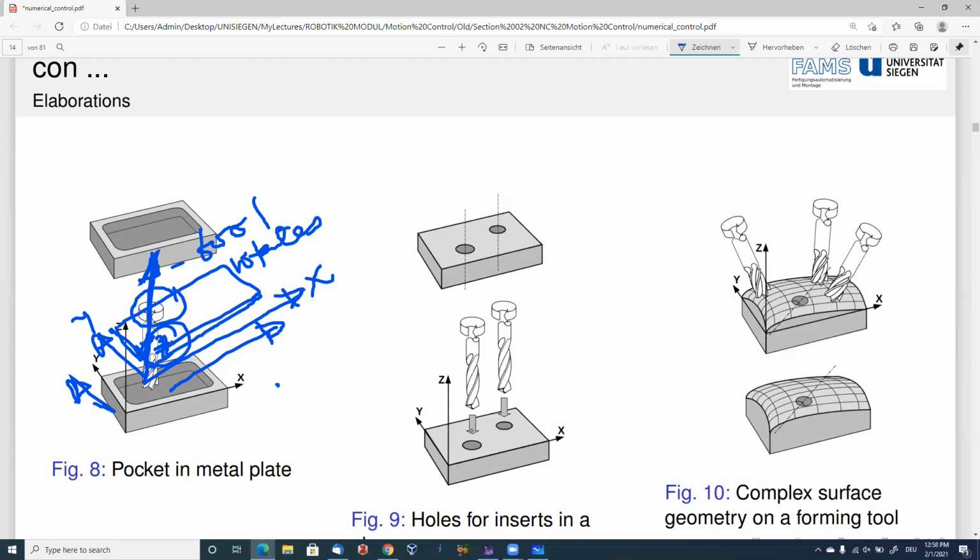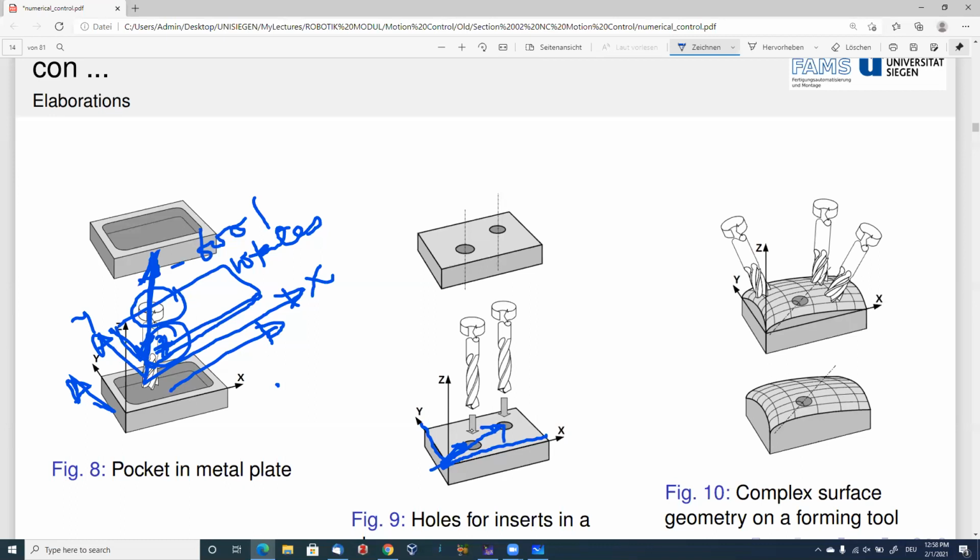In the second, we have different operations, but we have to choose a reference frame at one point, maybe this reference frame. From this reference frame, we have the X component and the Y component, and with respect to that, whether it is absolute or incremental, we have motion.